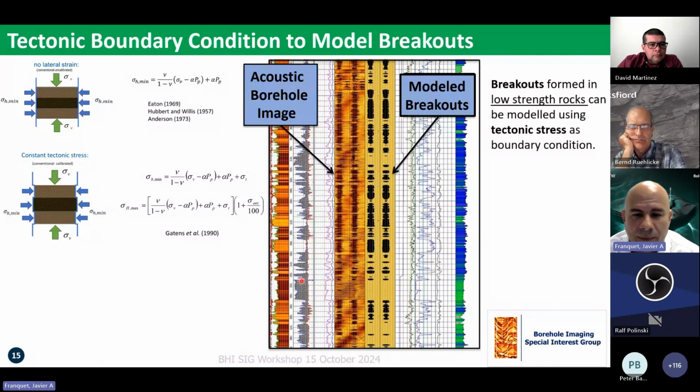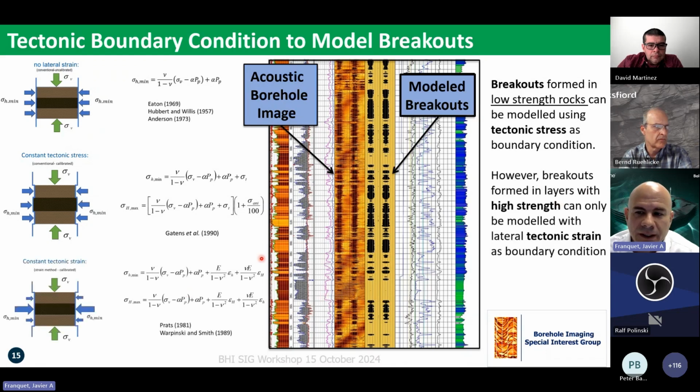This is another example. You see a very nice combination of sands and shales. And you can clearly see the breakouts happening primarily on the sandstones, not in the shales. And again, these are the rocks that are fast compared to the shales that are weak and slow.